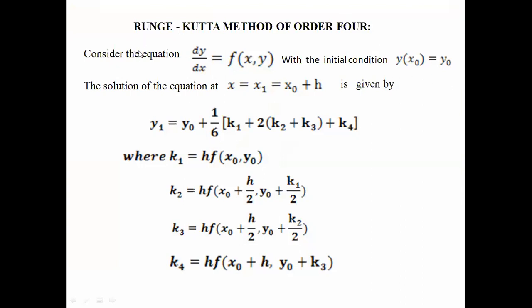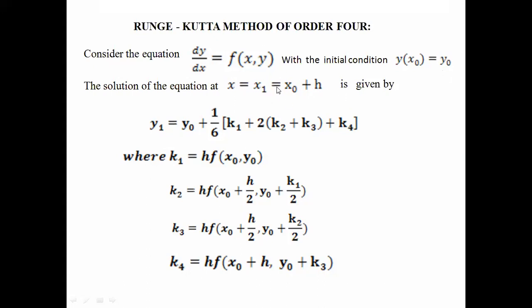So when a differential equation of this type is given, consider an initial value problem, dy by dx is equal to f of x comma y with the initial condition y of x0 is equal to y0. Usually they give the differential equation like this. Suppose that I need the solution for this differential equation at x is equal to x0 plus h, let it be denoted by x1. At this point, I need the solution.